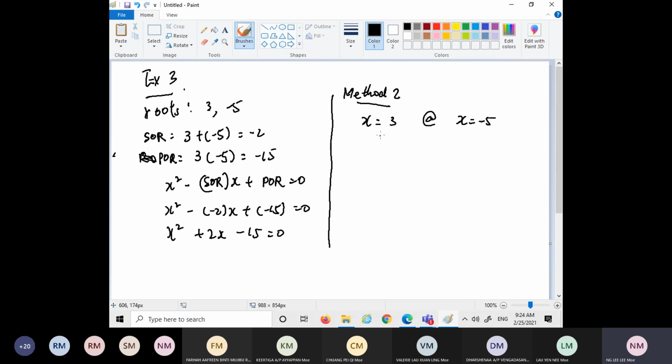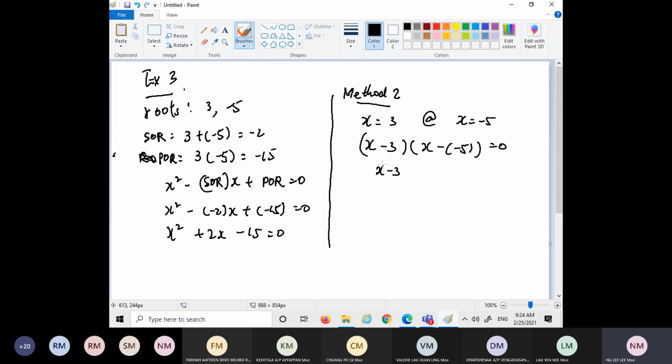So you know that. This is what you're going to get. But be careful with the sign, because you can think in this way: this is +3, go here, -3. This is -5, go here, become +5.